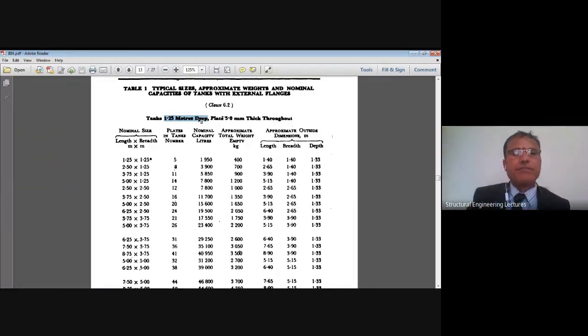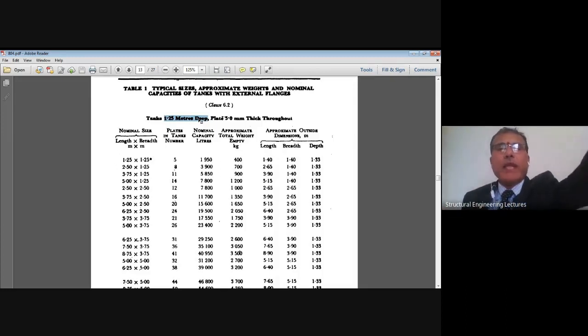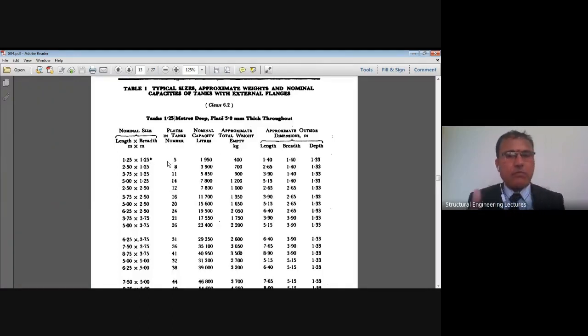Then, if I have only one plate, then the height is only 1.25. Obviously, 1.25 by 1.25 with only one plate at the bottom, and four on the four sides, it can form a cube of 1.25 by 1.25.